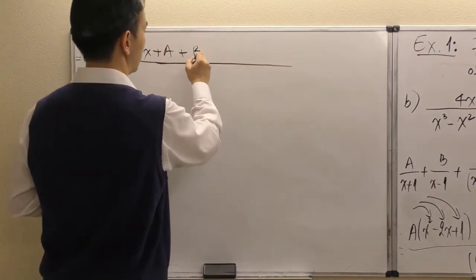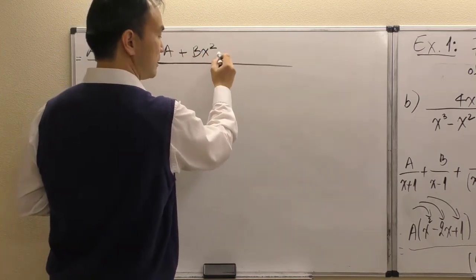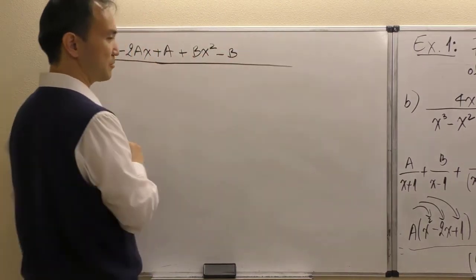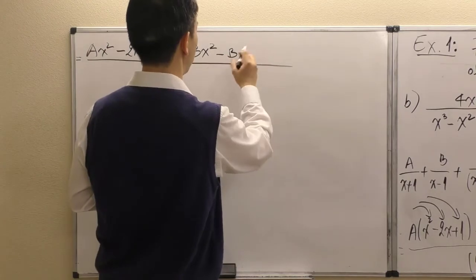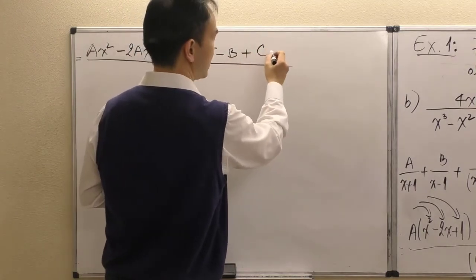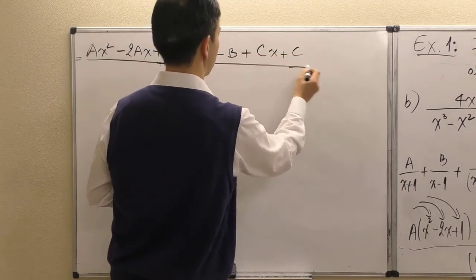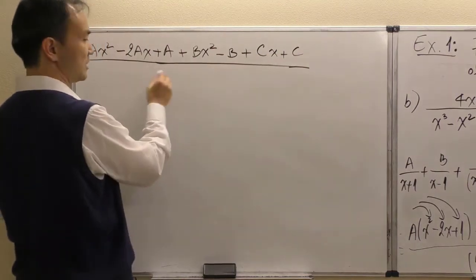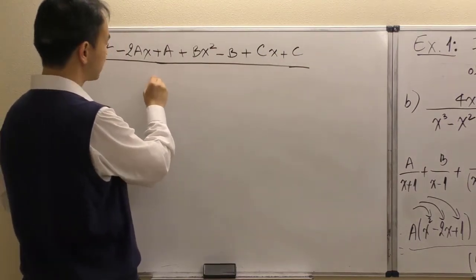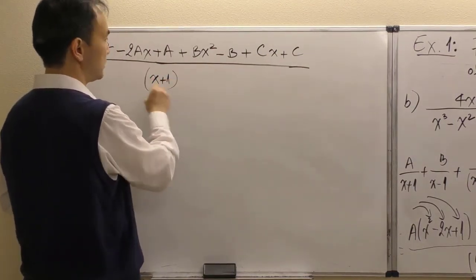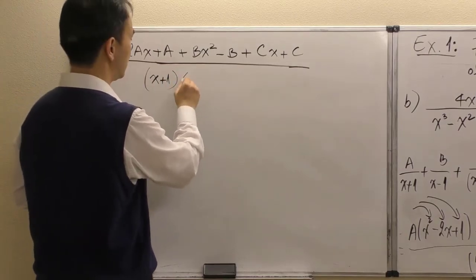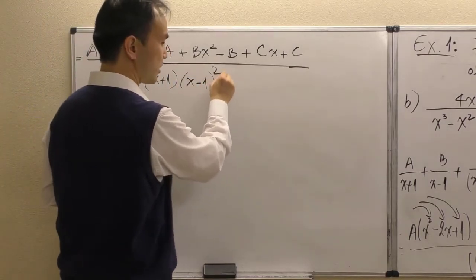Plus, now we're looking at bx squared minus b. Okay, by distributing that b factor, and plus, now we're looking at cx plus c. And then all of that here is to be over my x plus 1 times x minus 1 all squared.